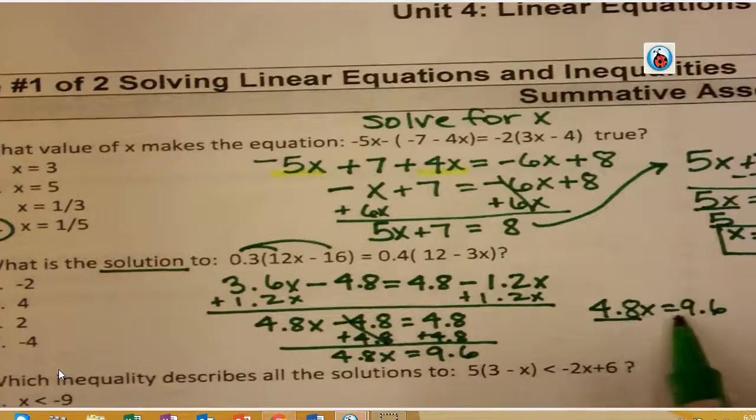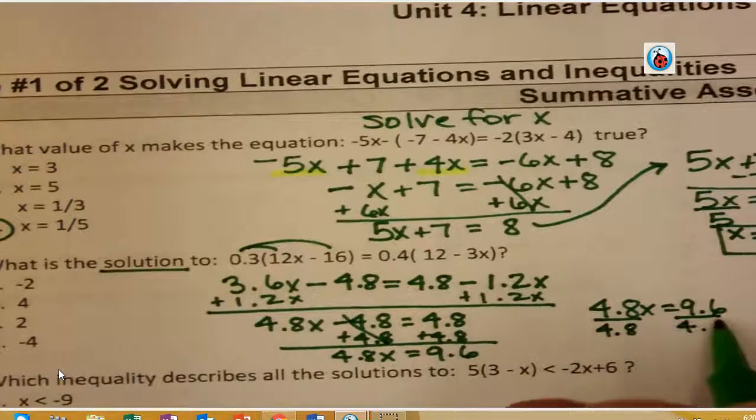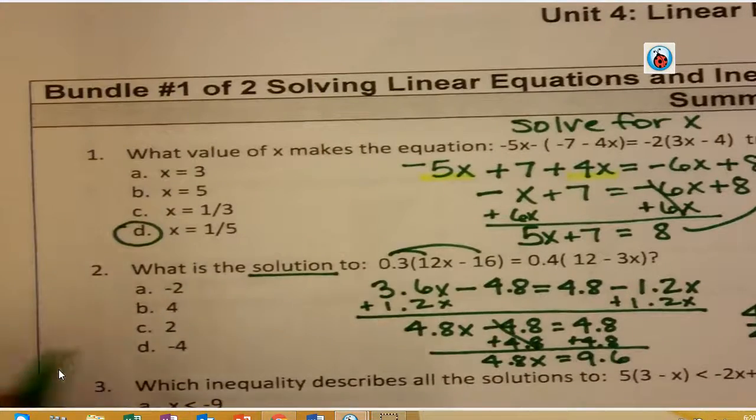I'm going to divide both sides by 4.8. And I'm going to get x equals 2. So my answer choice would be C.